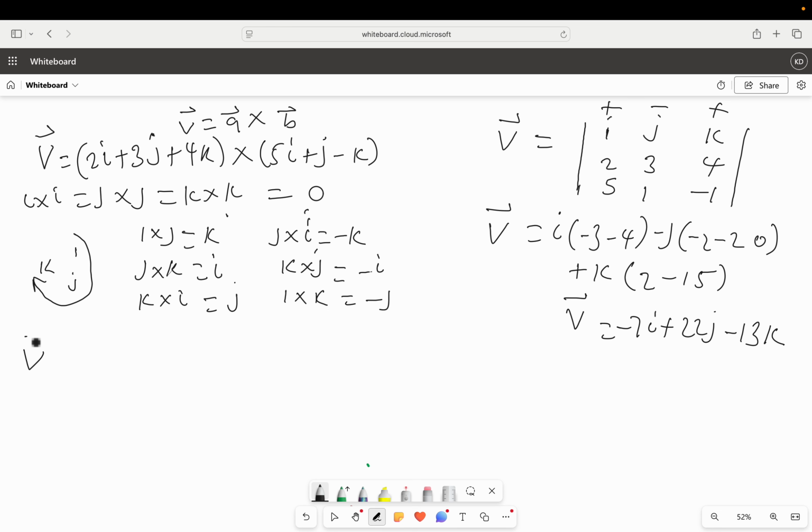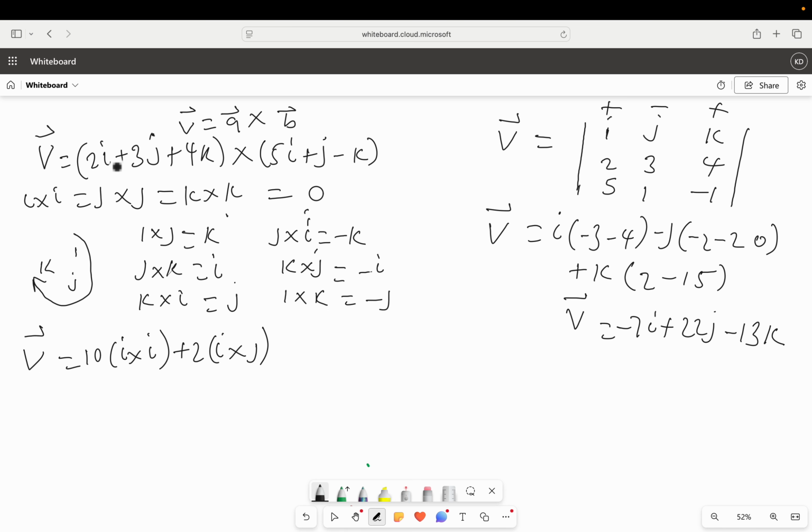So I have my b. So 2 times 5 is just 10. I will have i cross i because it's just the same. Then I have 2 times 1 here, so it will just be plus 2. Then I have i cross j.